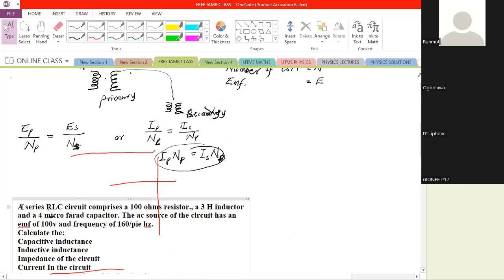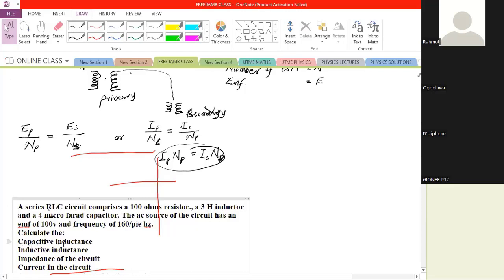The question says that a series RLC circuit comprises a 100 ohms resistor, a 3 Henry inductor, and a 4 microfarad capacitor. The AC source of the circuit has an EMF of 100 volts, frequency of 160 per pi.